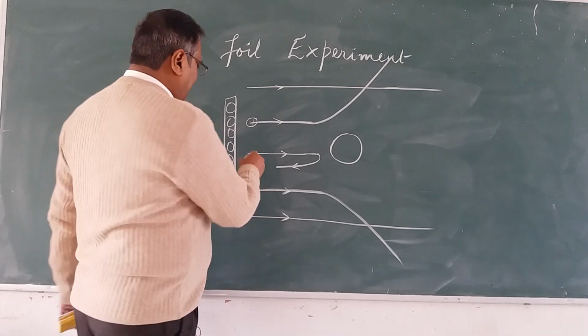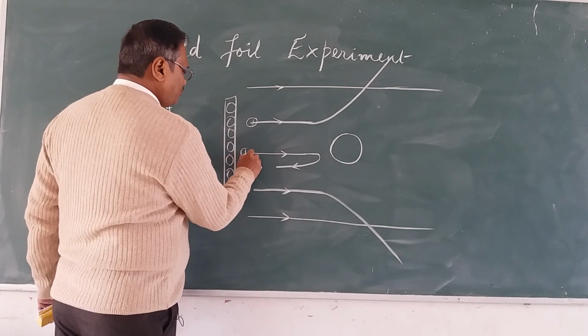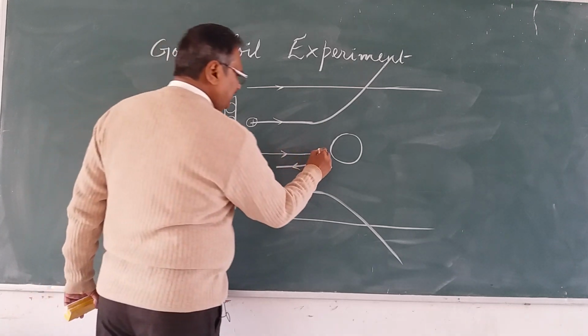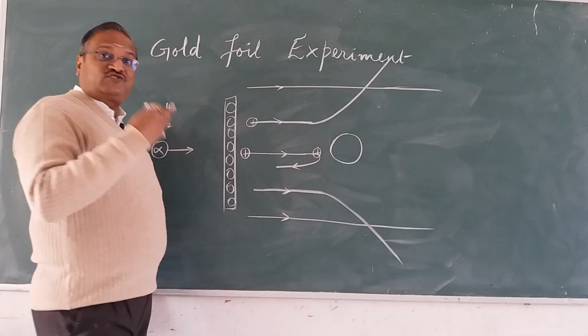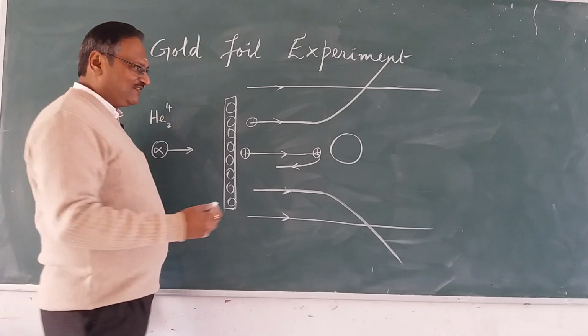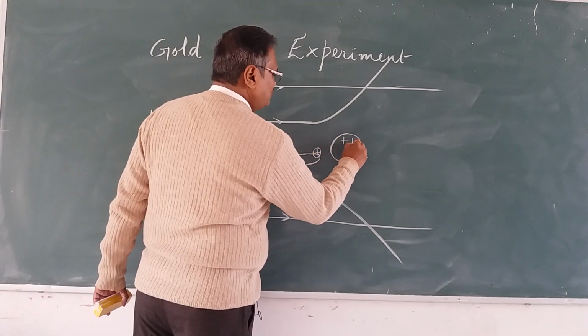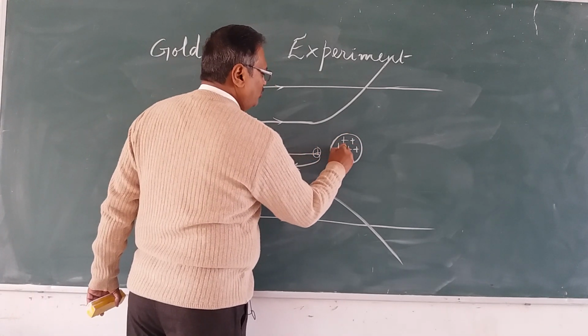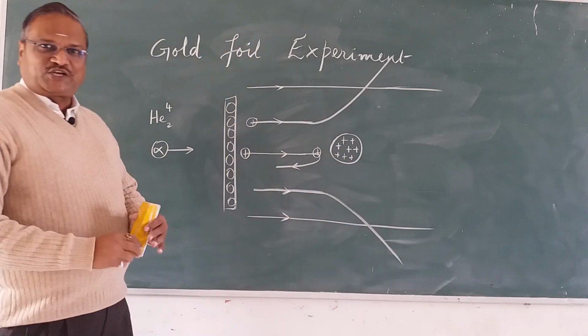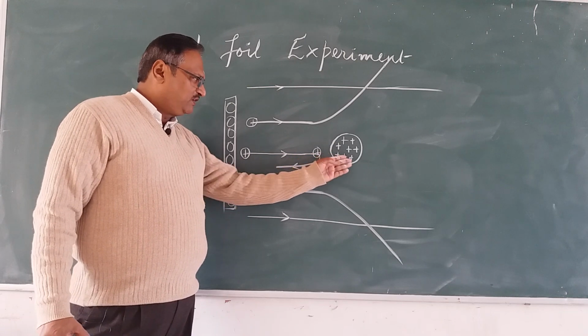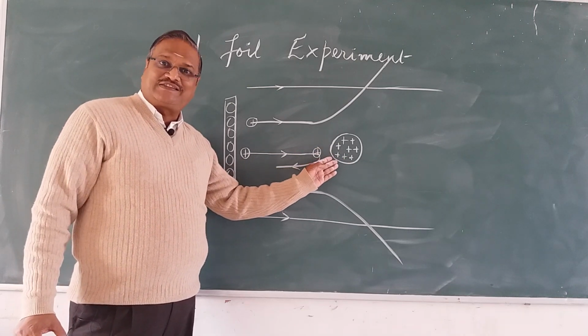Now, if an alpha particle which is positively charged is coming till a point and retracing the path, what does that mean? That means the nucleus consists of positive charges, because electrostatic repulsion is taking place between two like charges.